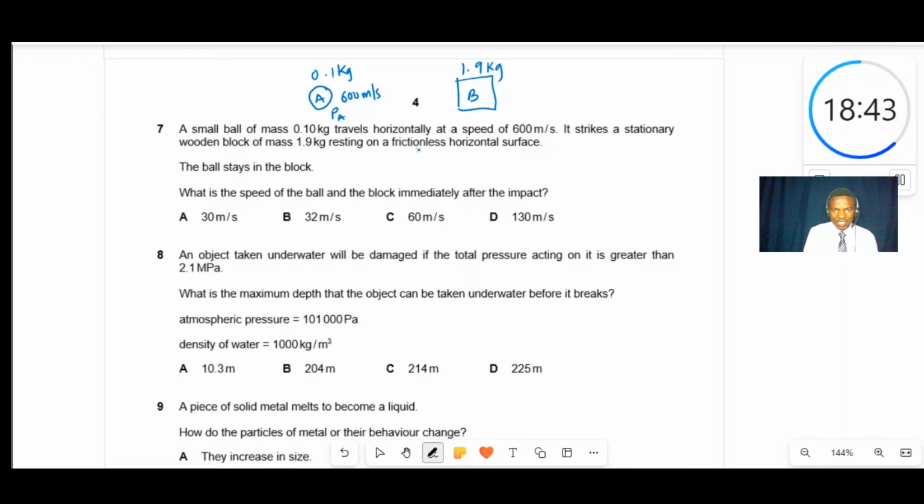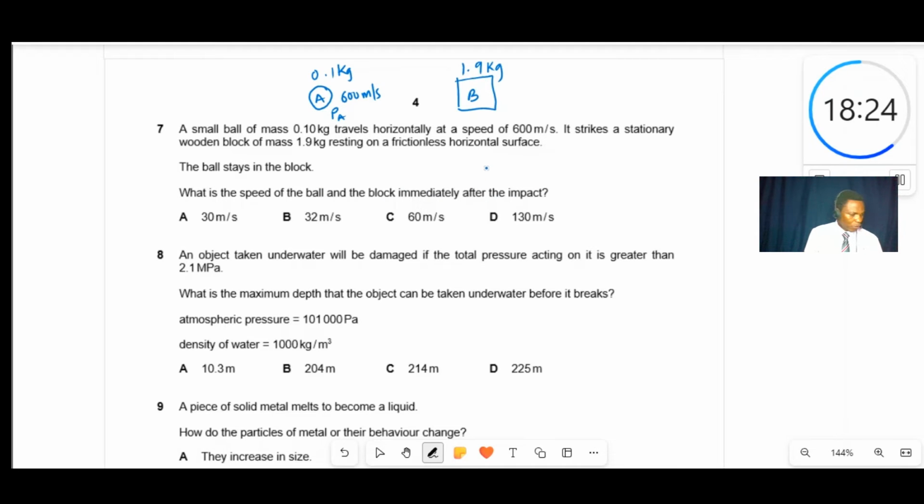The ball sticks to B, so they are going to move together. What is the speed of the ball and the block immediately after the impact? So we are talking about momentum.